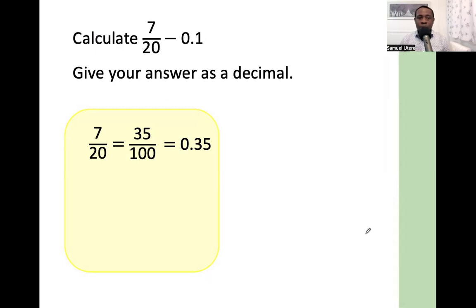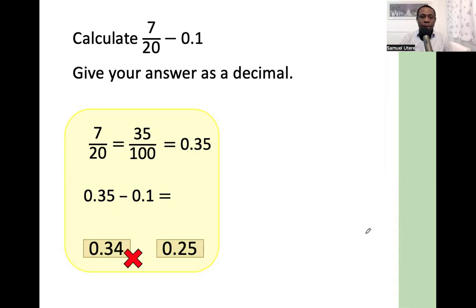So our calculation actually becomes 0.35 minus 0.1. I'm sure you know how to do decimal subtraction. If not, go and refer to our earlier lessons where we've learned a concept like this. So now your answer just becomes 0. Do you think it's 0.34? Of course not. It's 0.25.